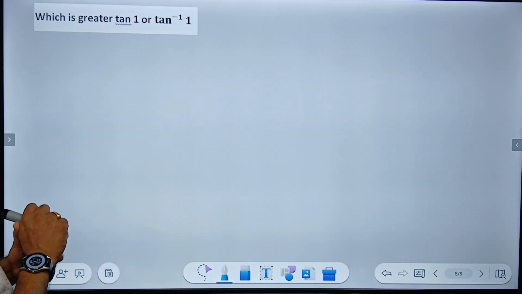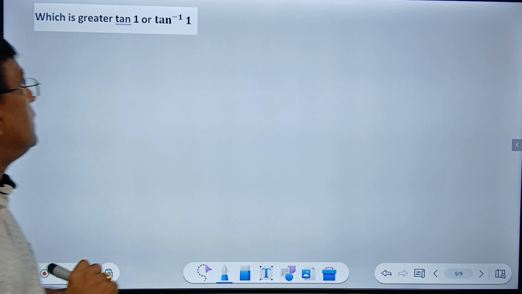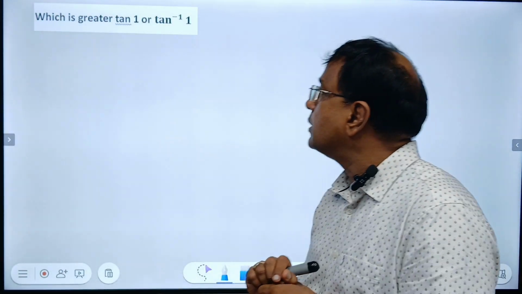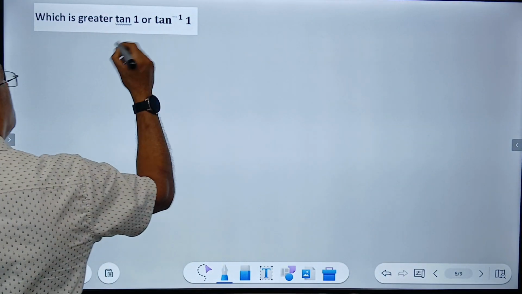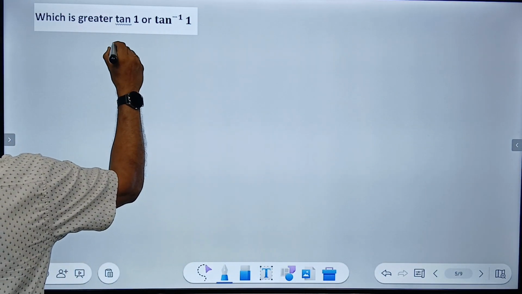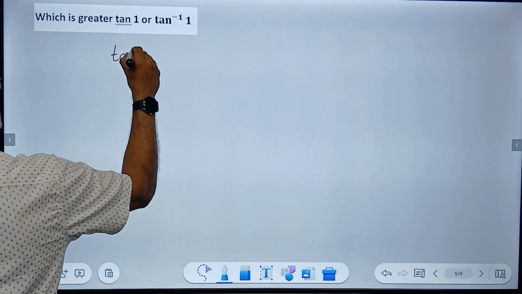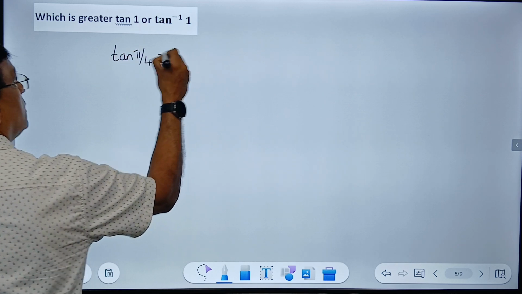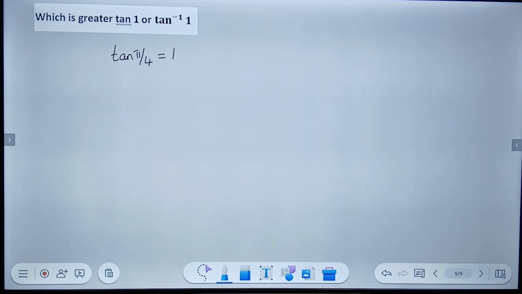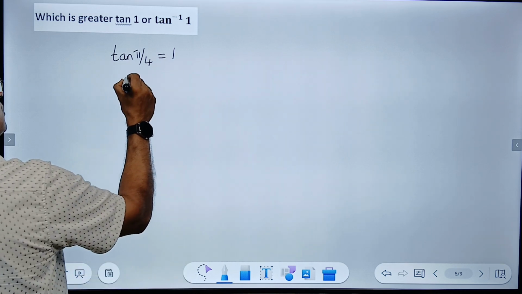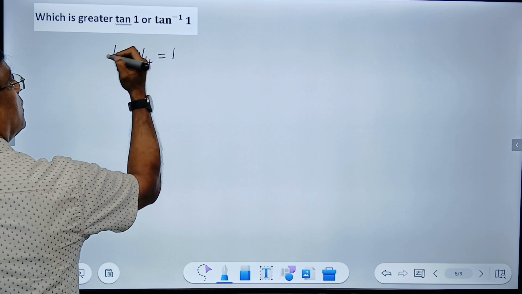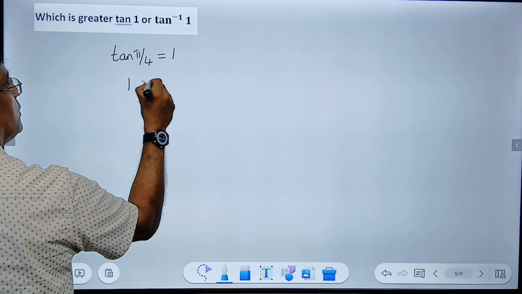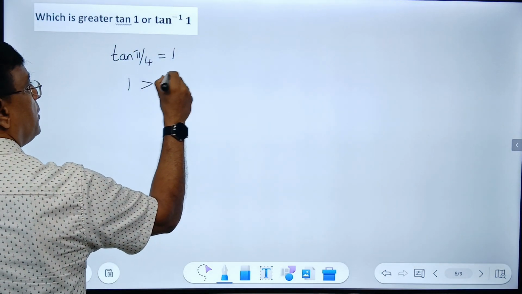Now, I want to know which is greater, tan inverse of 1 or tan 1. Now, you all know tan pi by 4 is 1. And you also know 1 is greater than pi by 4.